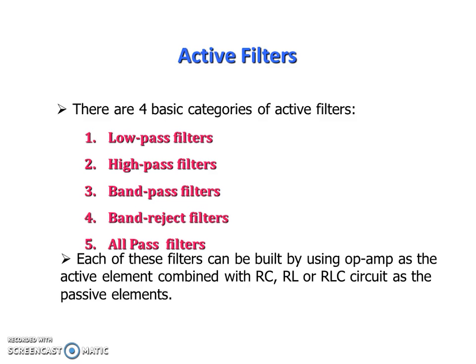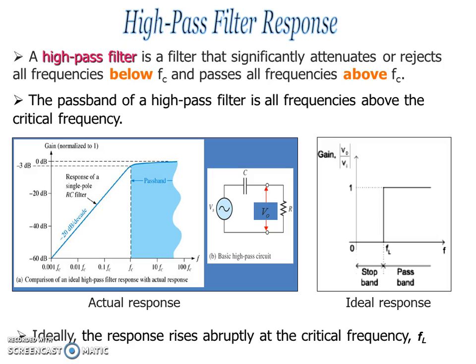If we go for a high pass filter, the response of a high pass filter will be quite the opposite arrangement of a low pass filter, where it will attenuate lower frequencies and pass high frequencies, and the band will be given by using the cutoff frequency, represented by FC.